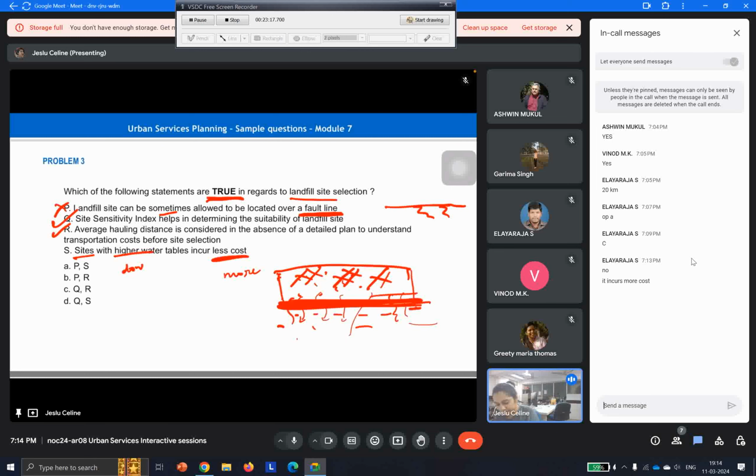Even if you're providing an adequate drainage facility, maybe that is not adequate enough to prevent this leachate from reaching the groundwater if the water table is high.